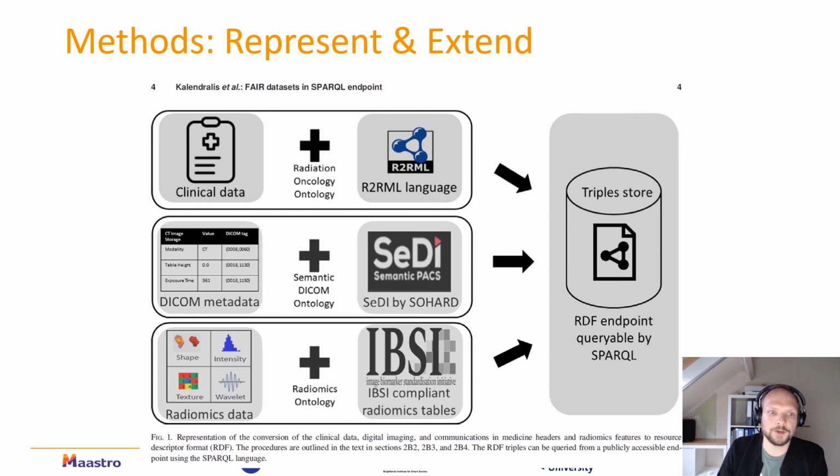He also converted the DICOM metadata of the scans related to these patients into RDF, and he also had DICOM-derived information, for example, tumor volumes, but also more advanced features, what we're calling radiomics. He also converted that to RDF and put all of that in one triple store or a virtual triple store. And at the end of the day, what you could do is query this triple store to ask all these kinds of complex questions like what we mentioned before, and would get more answers out of that than asking all these questions individually.